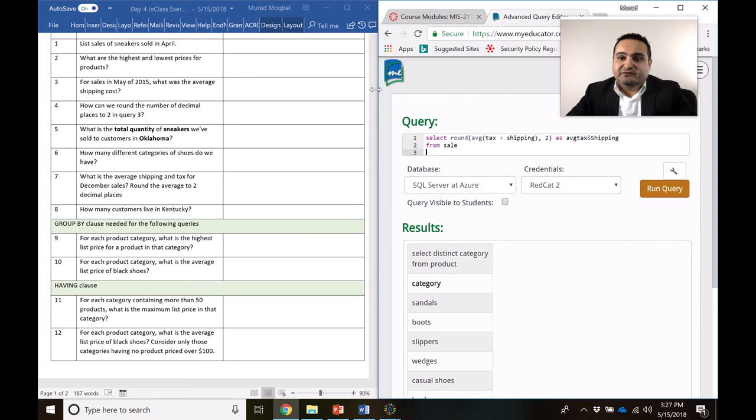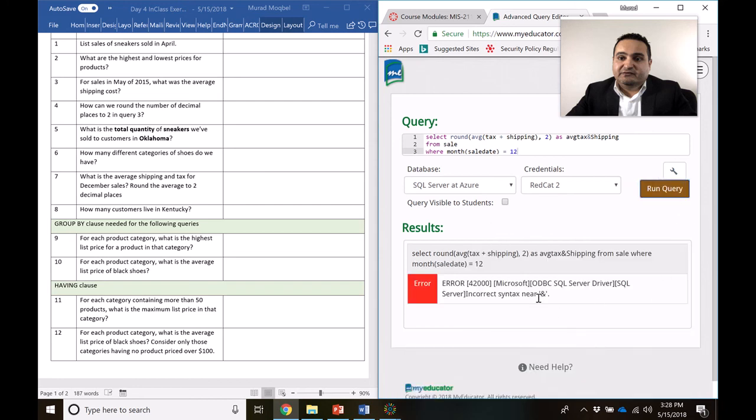And then they said for December. Okay, so where month and then sale date equals 12. All right, so now let's run this and see what we will get.